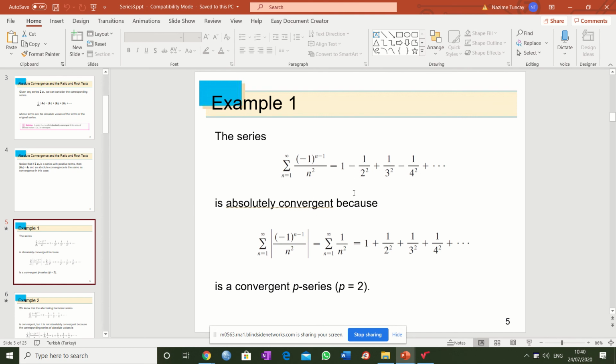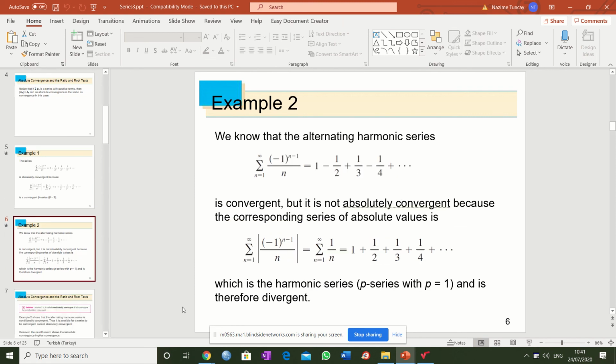This is convergent, absolutely convergent, because we take absolute values. Now this one is divergent. Why? Because it has positive and negative values. But this one is absolutely convergent, because we take absolute values.